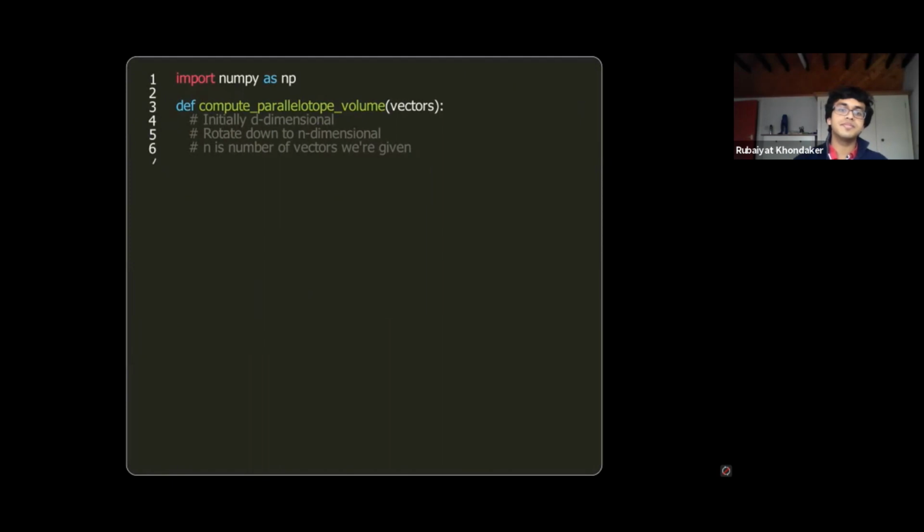I'm just writing this in Python. I'm just using a trick where you basically take the length of the first vector as the dimension of the space.